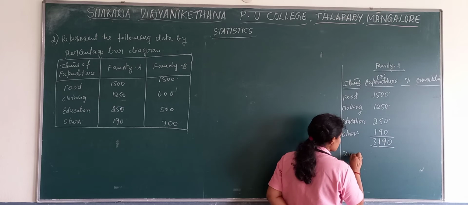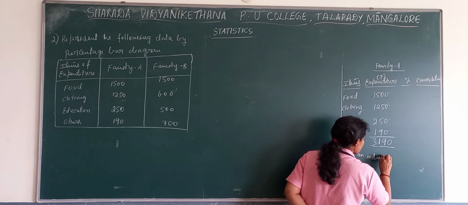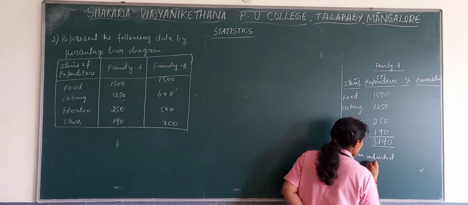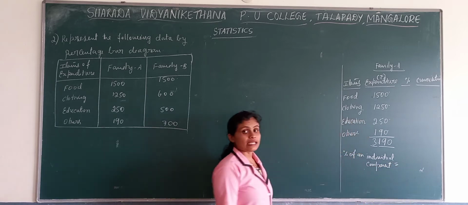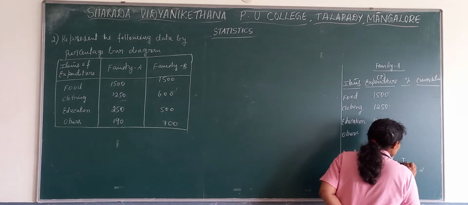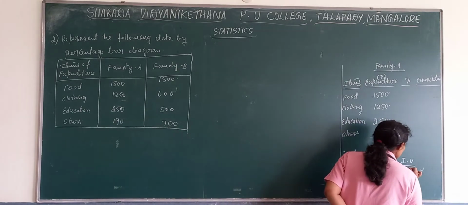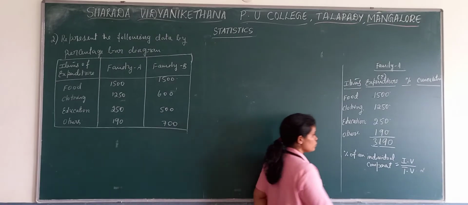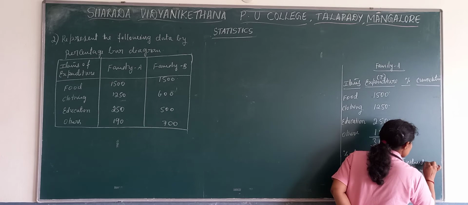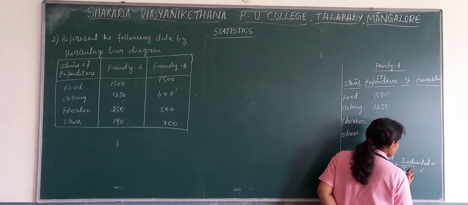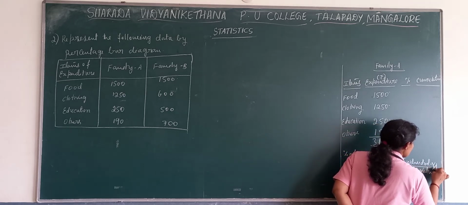In order to find the percentage of an individual component, the formula is individual value divided by total value into 100.